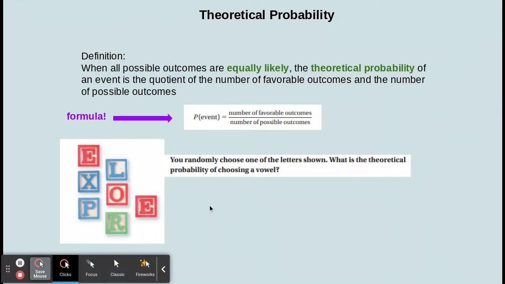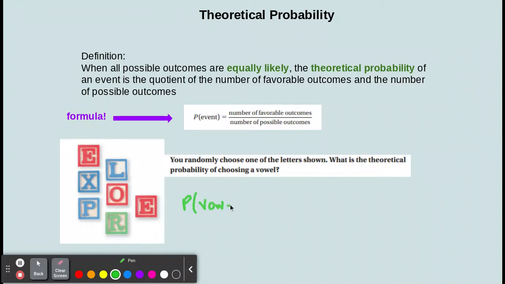So, for instance, let's say we have these blocks, and we want to find the theoretical probability of choosing a vowel from these blocks. To calculate it, we need the number of favorable outcomes, which is our E, our O, and our E. So we have 3 outcomes, divided by the number of possible outcomes.